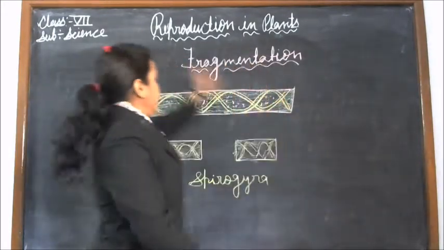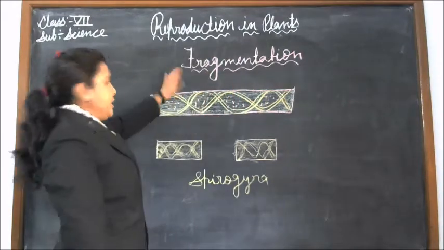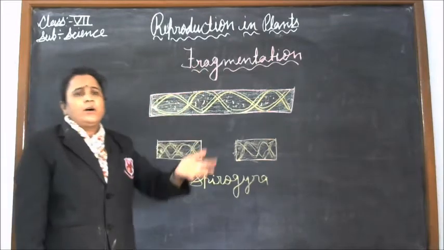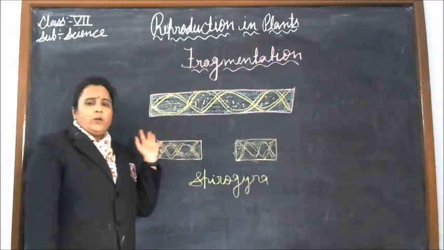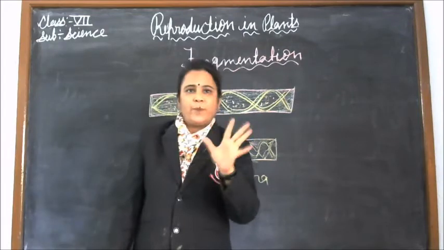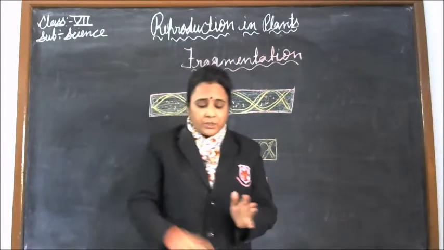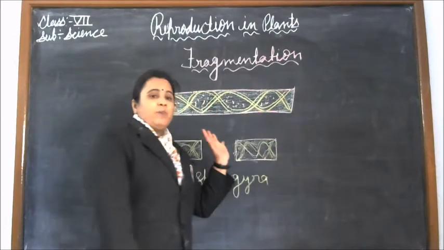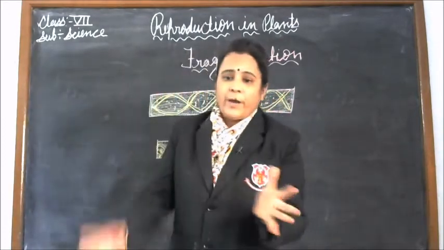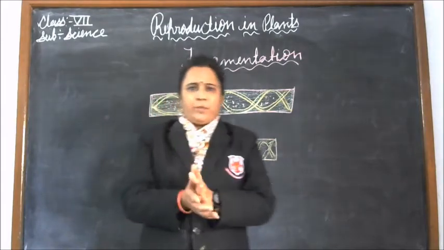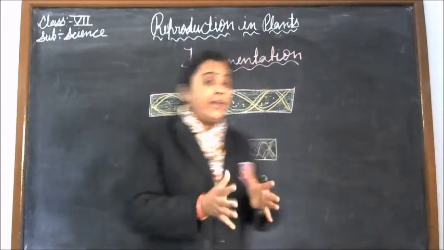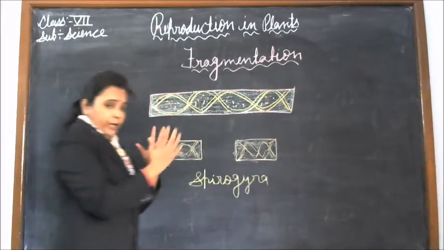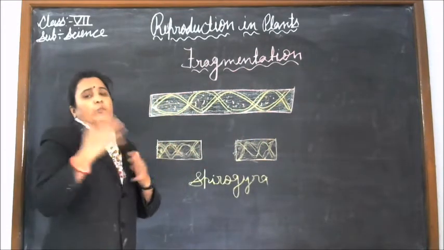Now next is fragmentation. Student, fragmentation generally occurs in Spirogyra. Spirogyra is an alga. In the presence of water and nutrition, Spirogyra grows very rapidly, and the body of the parent divides into two or more pieces.